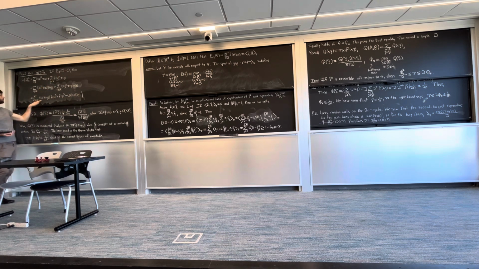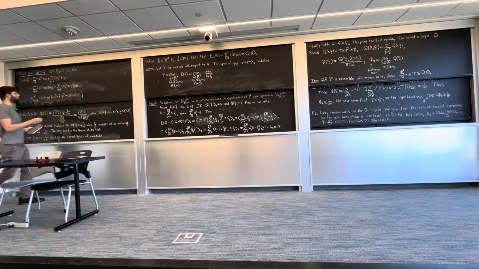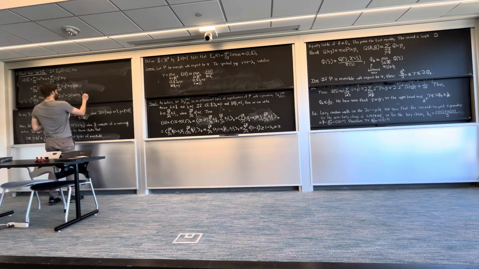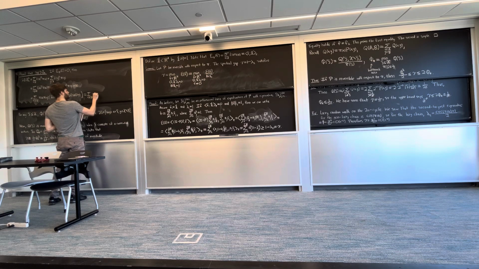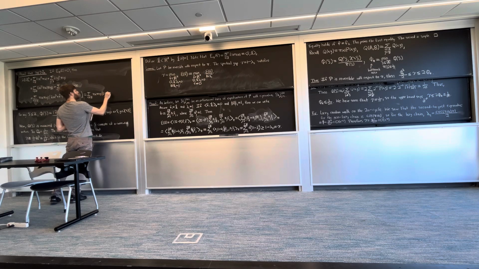So this ends up being 0. And then this I can write as the sum over x and y of pi of x, pi of y, times f of x minus f of y squared.